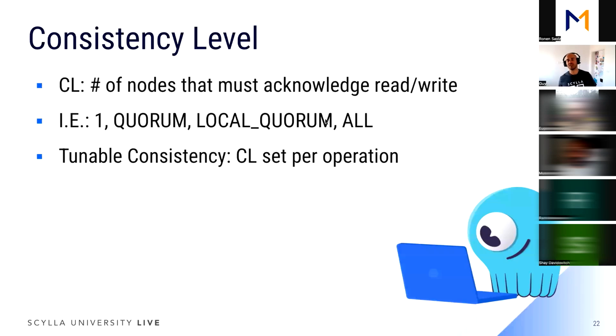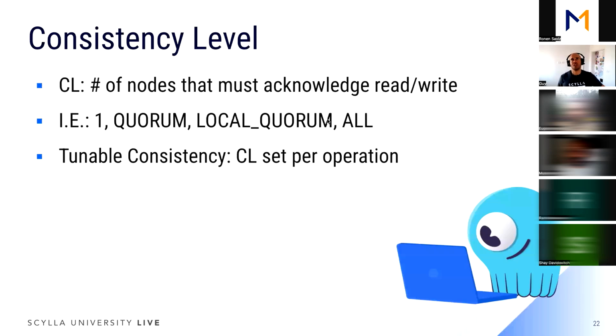That means that we, as the users who design our application, can set the consistency according to the requirements from the database. Consistency level is defined as the number of nodes that must acknowledge a read or a write request. Some example values are 1, quorum, or all. And this can be set per operation.